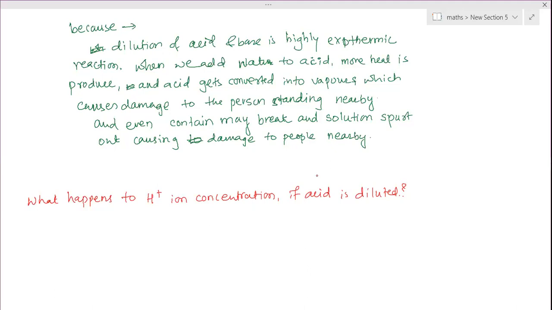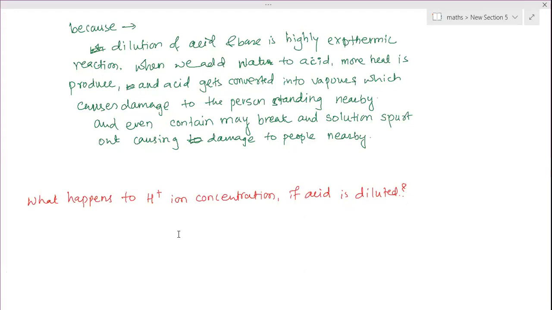Ma'am, percentage of substance in a solution. Concentration, the percentage of solute in a solution, is called concentration, right? So what will happen to the percentage of H plus ion, the H plus ion concentration, when the acid is diluted?